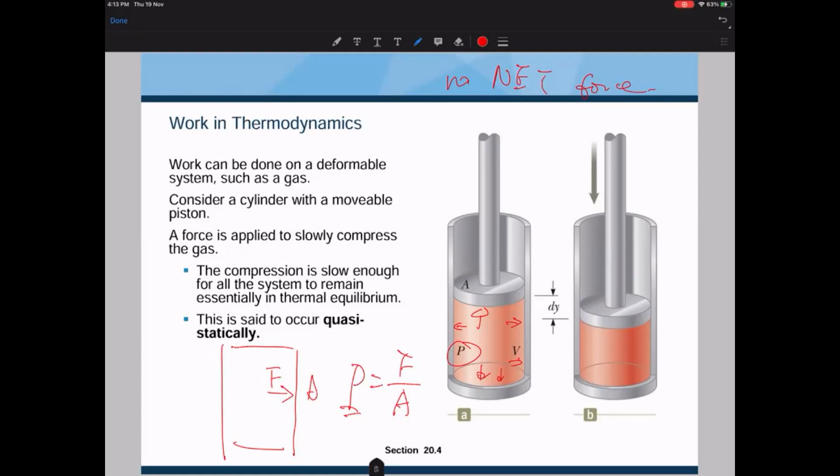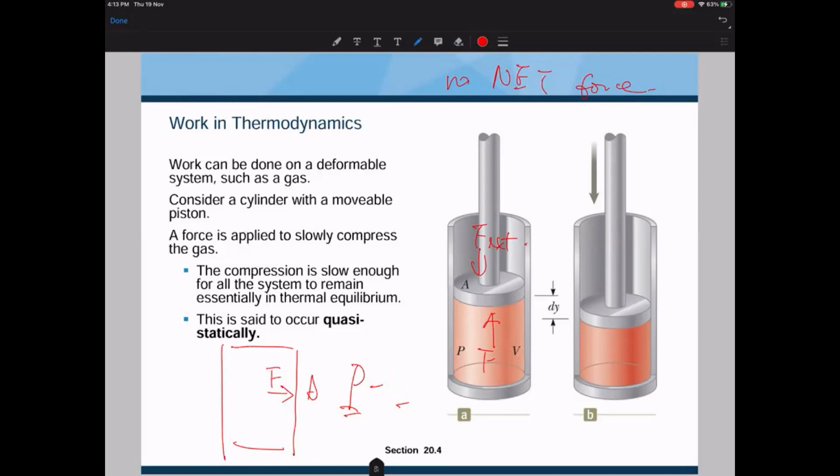So here, the force inside the gas is coming from the pressure. At the same time, because the piston is not moving, we assume there should be an external force acting on the piston that prevents the piston from shooting upwards.